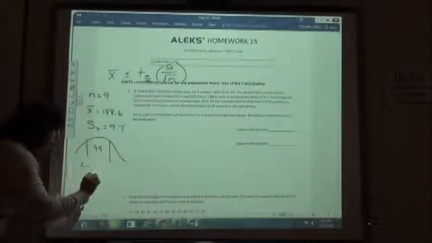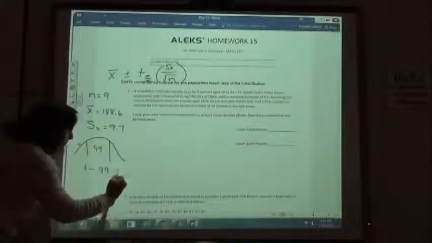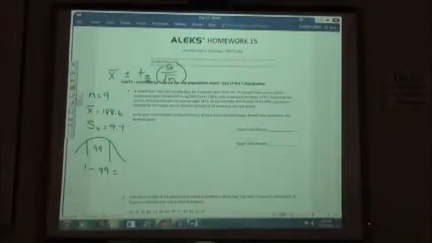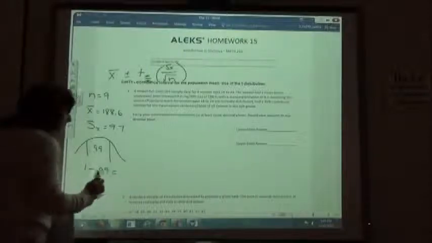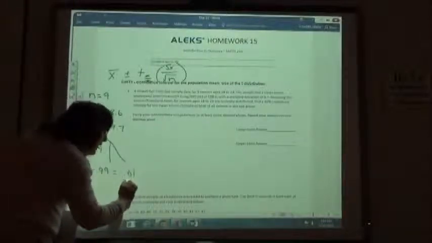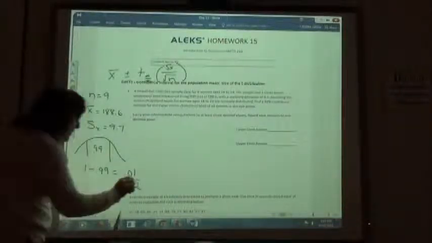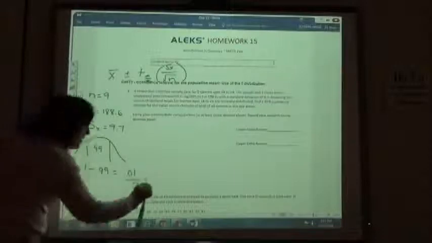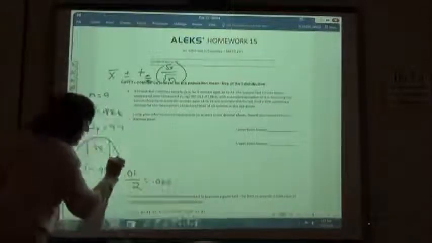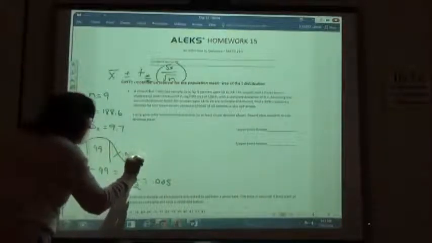So we're going to do the 1 minus 0.99, which is 0.01. We're going to divide it by 2, because we have 2 ends, which gives us 0.005. So this end is 0.005.